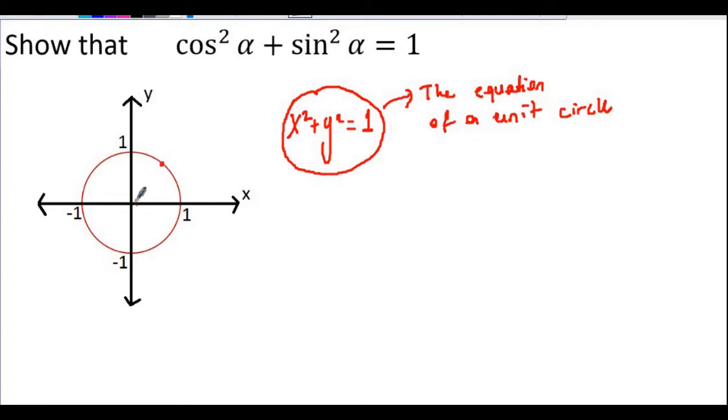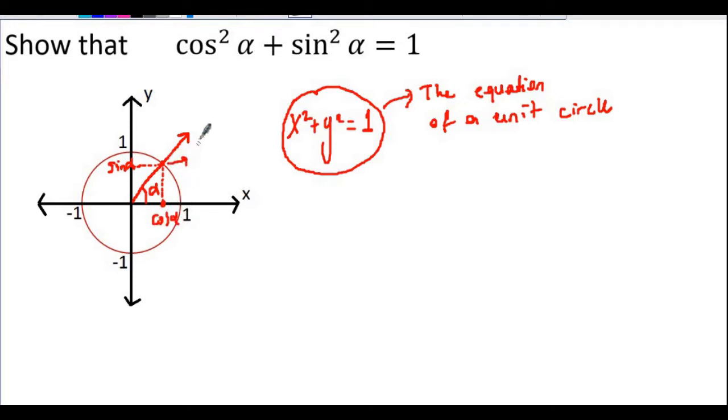If you remember the definition of sine function and cosine function, let's have this angle. Let's say this is alpha. So what is sine of alpha? The sine of alpha is the y coordinate of this point. And the x coordinate of this point is going to be cosine of alpha.